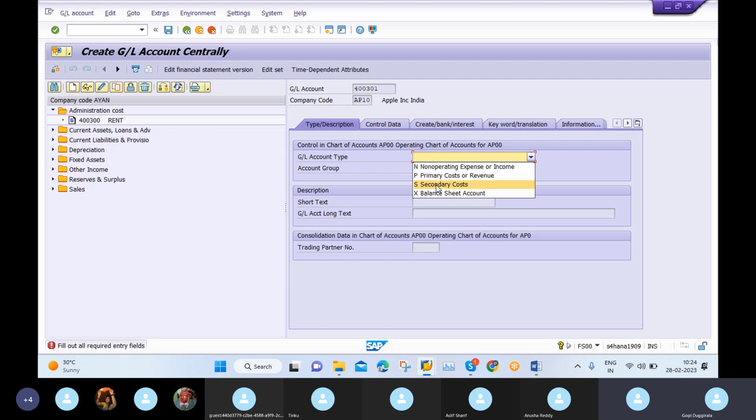In earlier ECC there is a different screen. In ECC, primary cost elements and secondary cost elements were created in the controlling module. But in SAP S4HANA, that's the reason these two are added here.